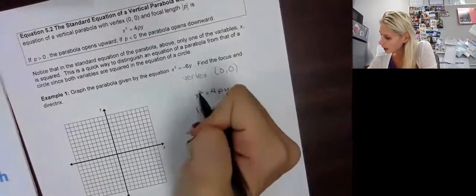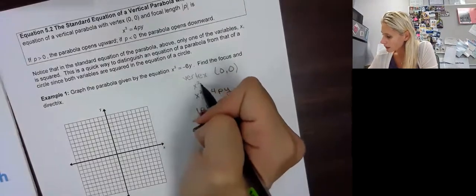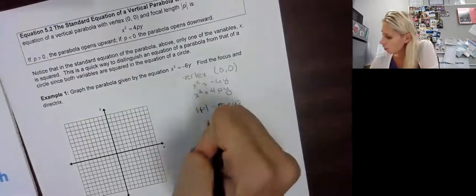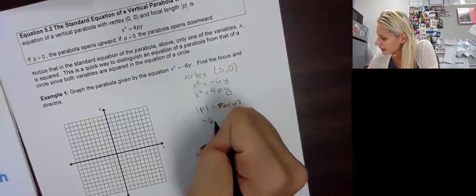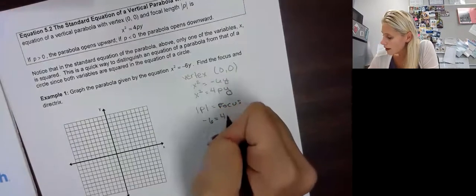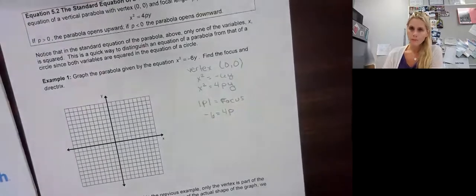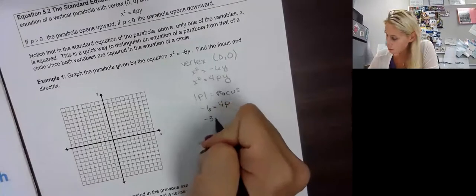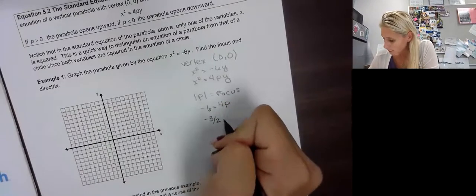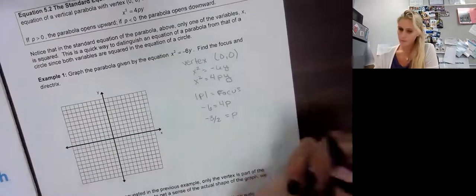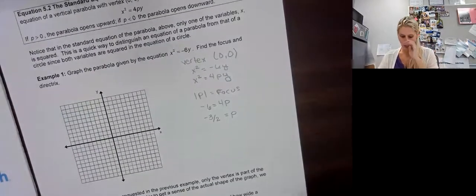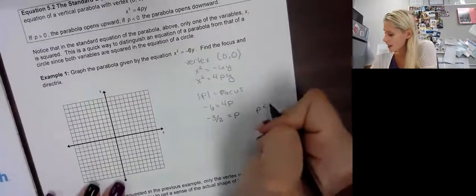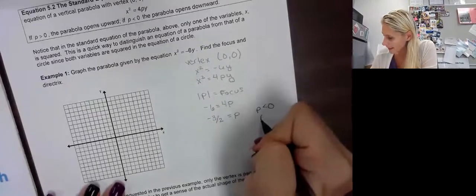So if you look here, in our equation, we have x squared equals negative 6y. So to find the focus, negative 6 equals 4p. Now we're going to solve for p. We divide both sides by 4 and reduce it, and we get negative 3 halves. Now, let's keep in mind that since p is less than 0, it is a downward parabola.